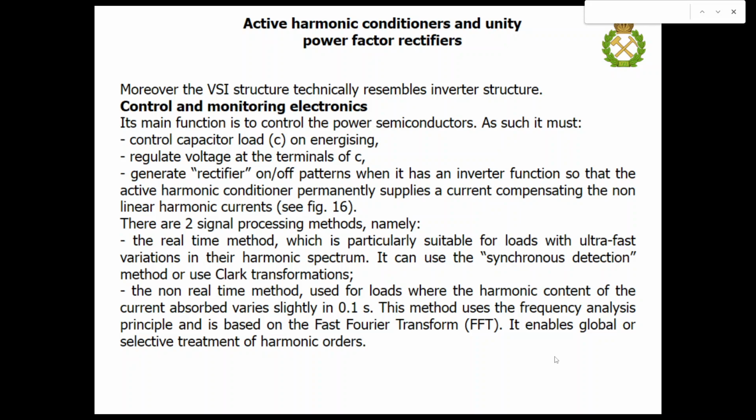And all these methods are used depending on the load's parameters, with ultra-fast variations in harmonic spectrum and slightly variable ones, and two such methods.